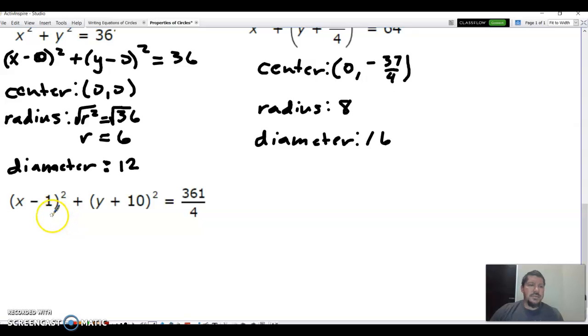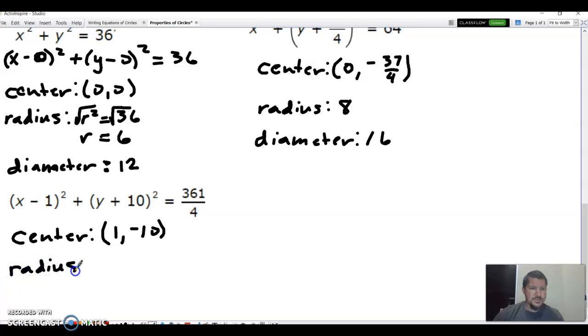Alright, last one. So (x minus 1) squared plus (y plus 10) squared equals 361/4. So my center, again, I think opposite. I see minus, so this is positive. I see plus, so this is negative. My radius is the square root of 361/4.